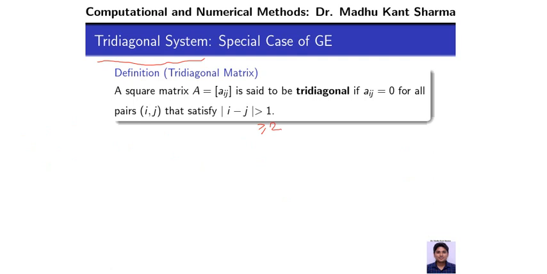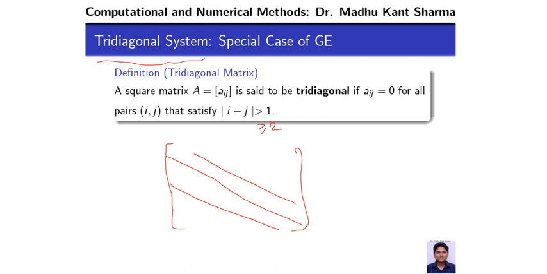Means you have the main diagonal, one more diagonal above it and one more diagonal below it, and the other entries are zeros.